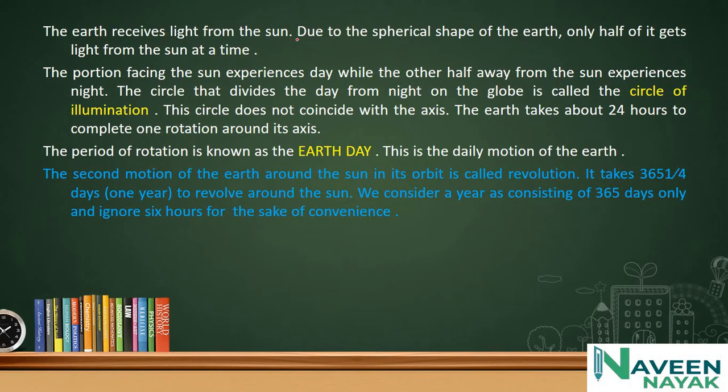Earth receives light from the sun. Due to the spherical shape of the earth, only half of it gets light from the sun at a time.